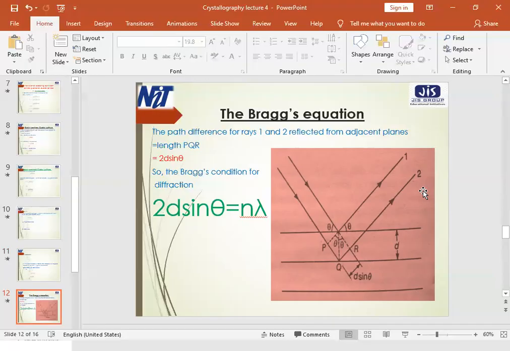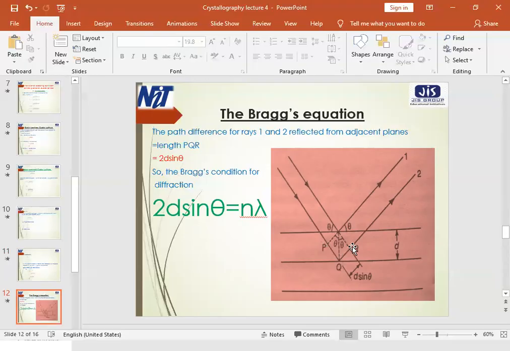If we extend it in this direction, this length will be PQR, because the lengths of 1 and 2 are the same from this point. So the extra path traversed by the second ray will be PQR.